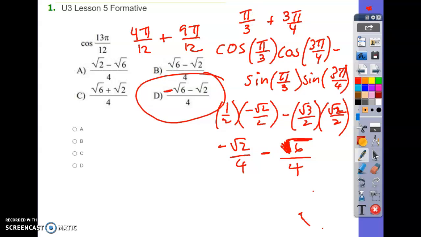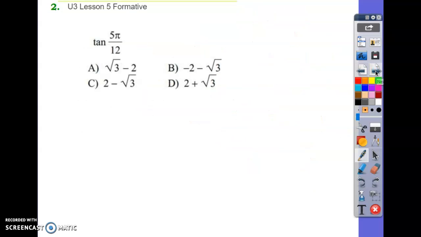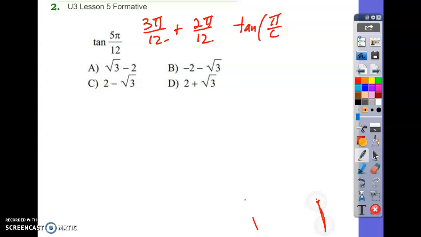Okay, moving on to number 2. All right, so number 2, I think I'm also going to use sum here. So let me go 3 pi over 12 plus 2 pi over 12. If I simplify those values, I'll get the tangent of pi over 4 plus pi over 6.